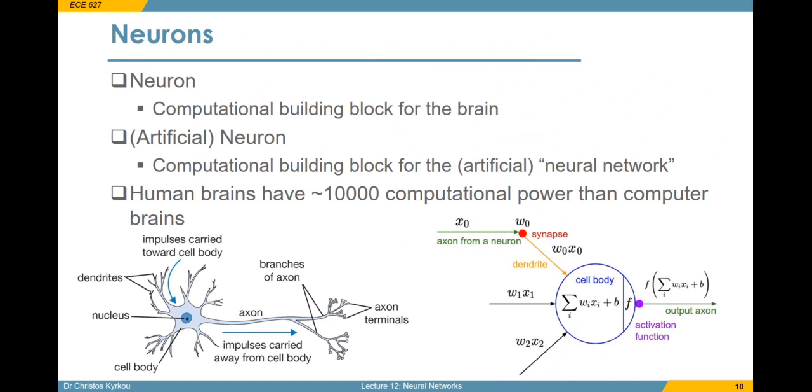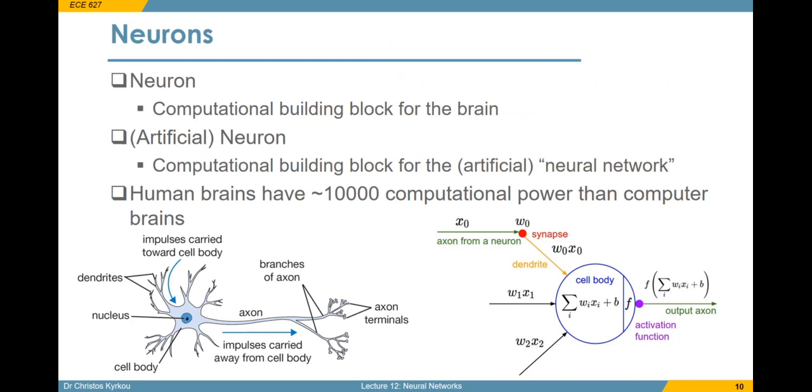So they did something similar with a mathematical model where if the input multiplied with the weights was high enough, then the neuron fired a different value, basically. But as we will see, the neuron and the artificial neuron are quite different things.